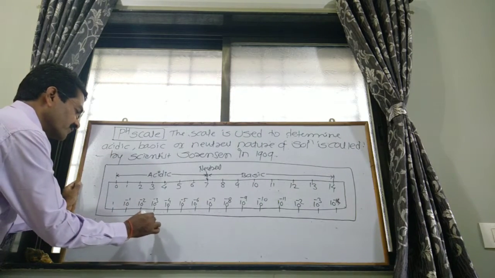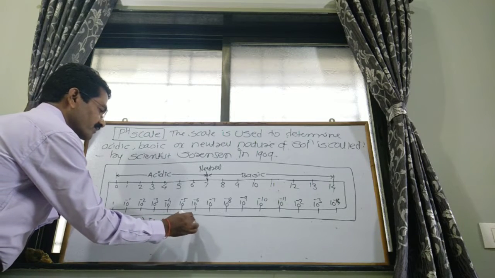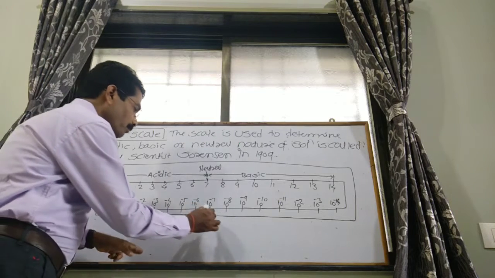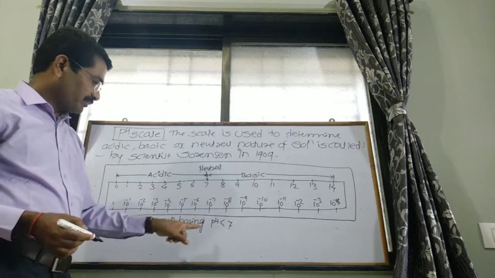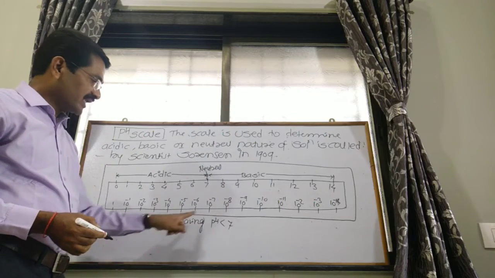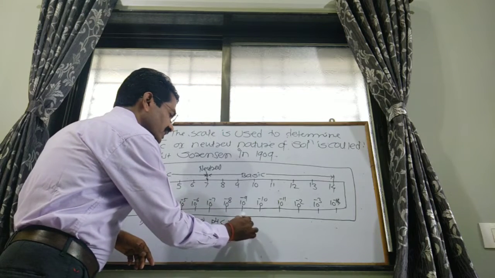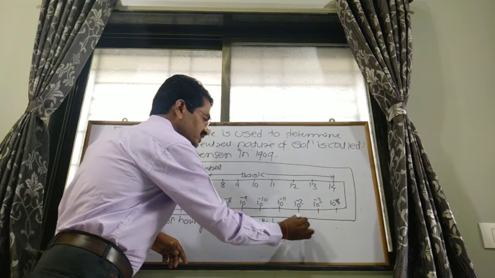First, if a solution has pH less than 7, then it becomes acidic in nature.